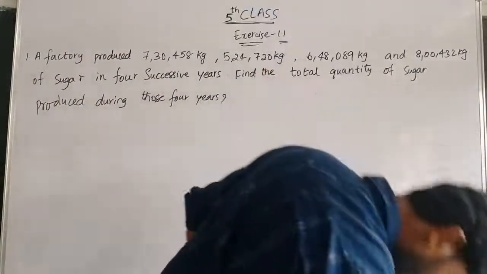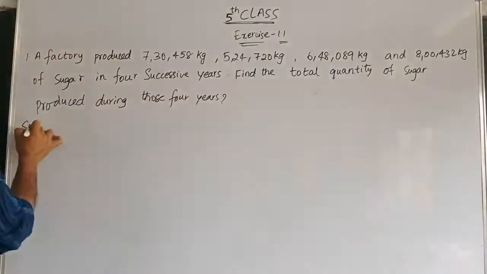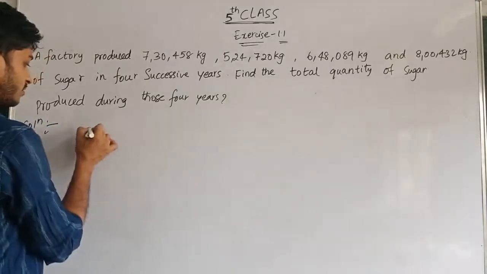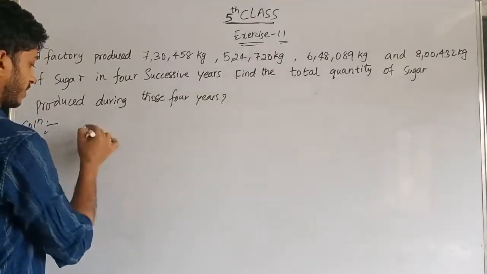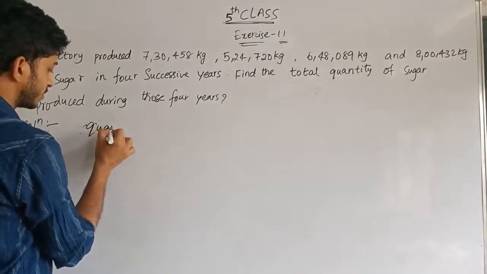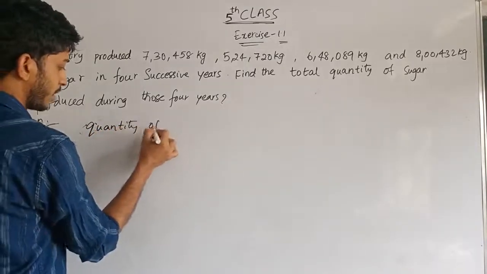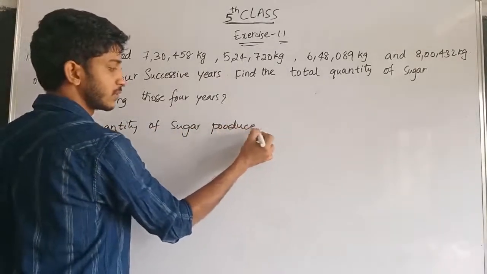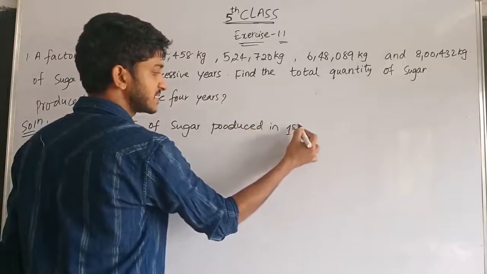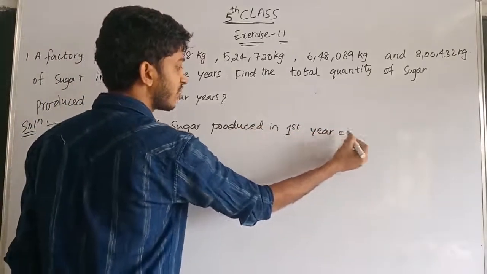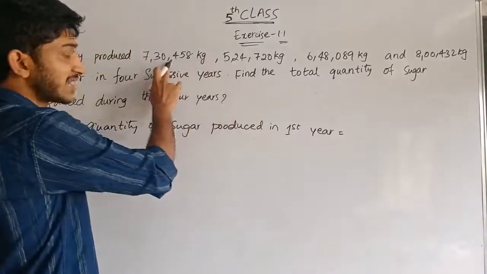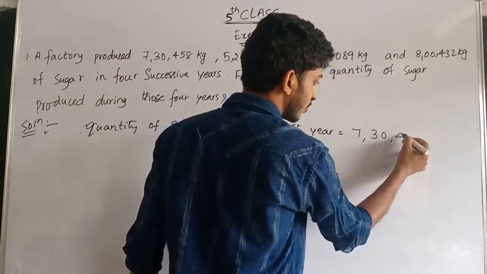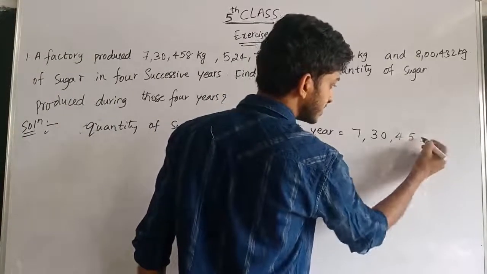See here, solution. First of all, the quantity of sugar produced in the first year is 7,30,458 kgs.